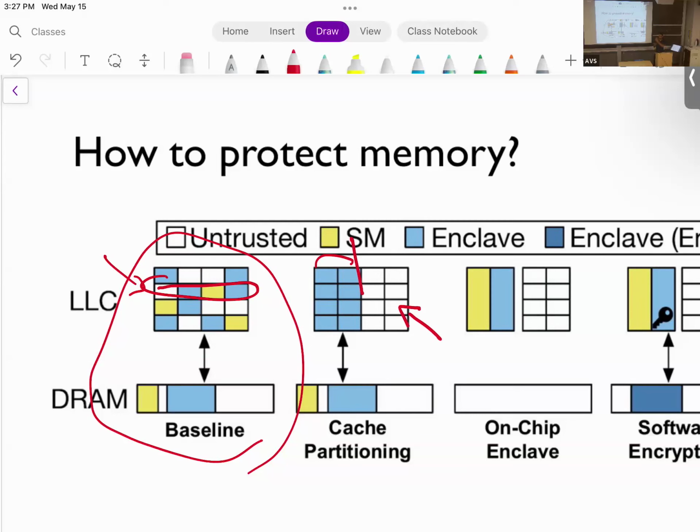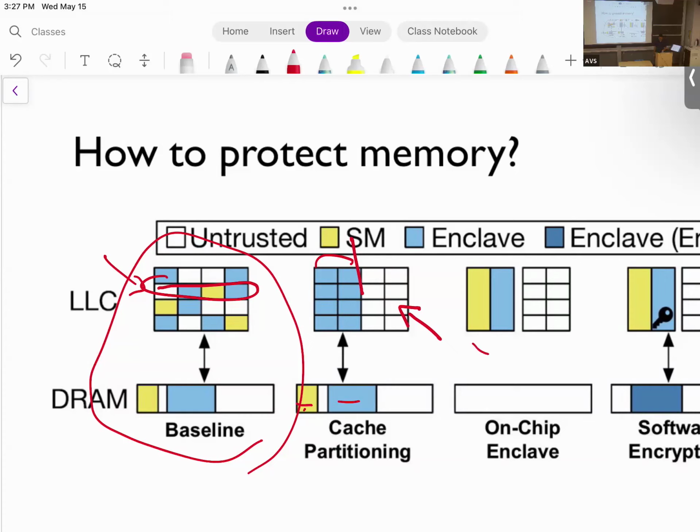So essentially, you literally partition the cache into parts. And then when you do that, you also store them at separate locations in DRAM. This way, it eliminates all the possibilities of cache side channels. Of course, this comes at extra performance overhead, as we discussed multiple times in the class.